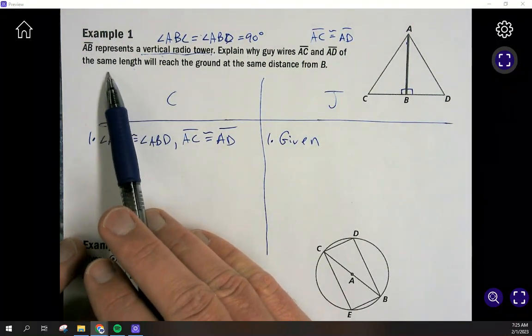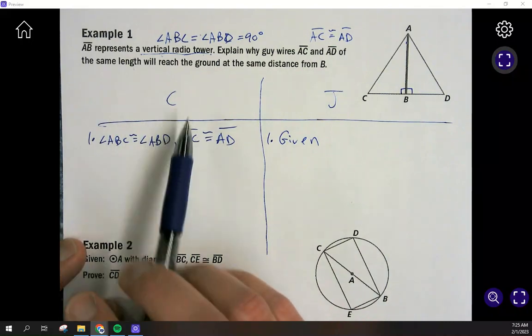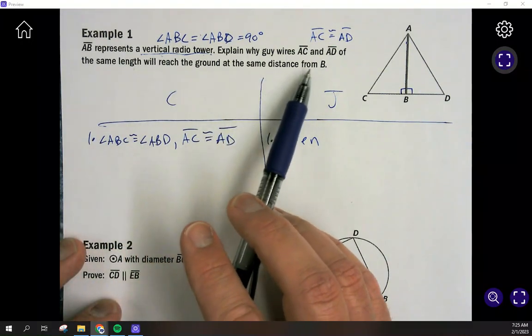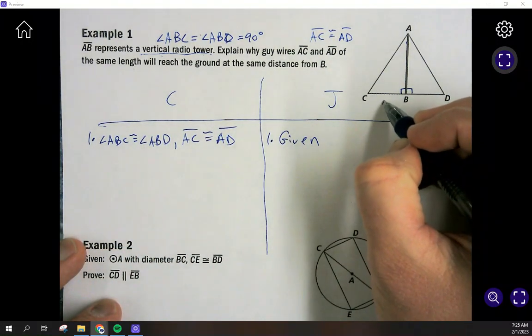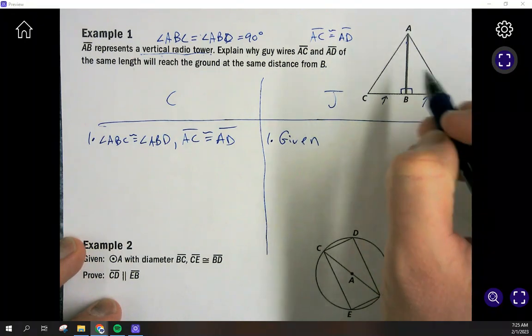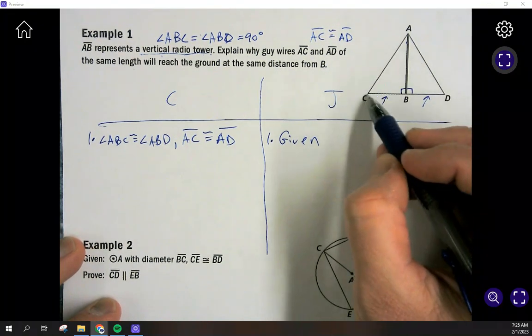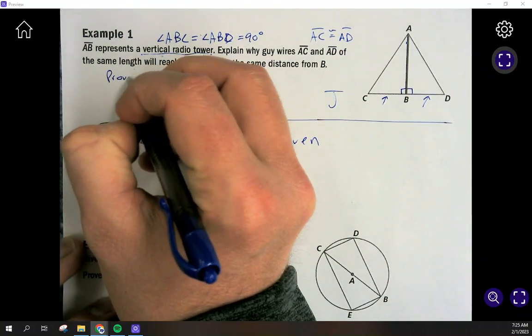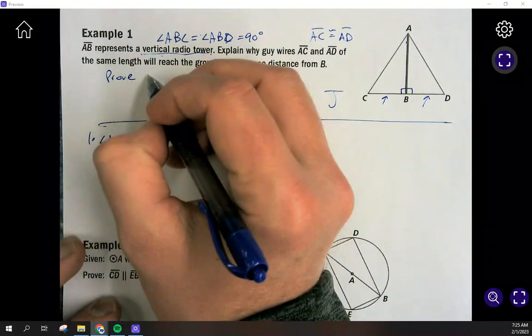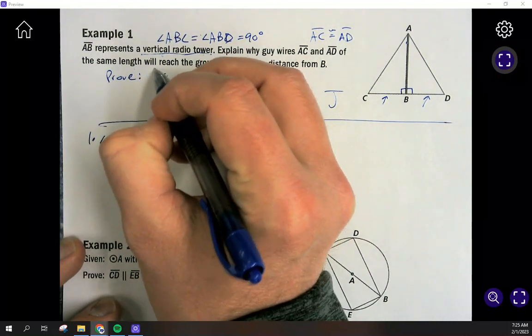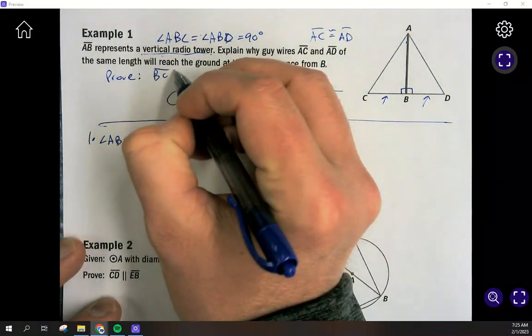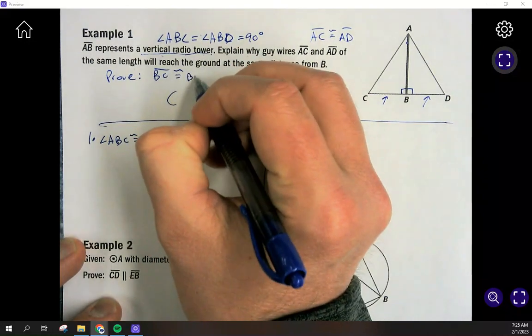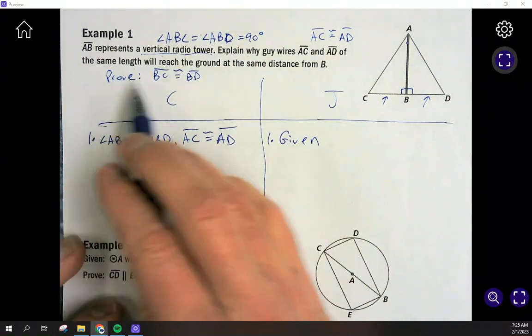They want you to explain why these wires, which are the same length, will reach the ground at the same distance from B. So they want you to explain why these distances where the wires hit the ground have to be the same distance away from the pole. So they're asking you to prove that this distance, BC, is congruent to BD. They didn't write it out like that, but that's what they're asking.